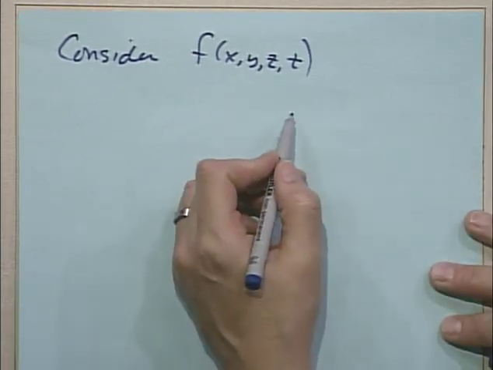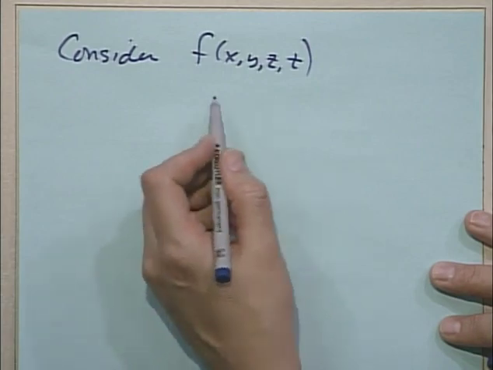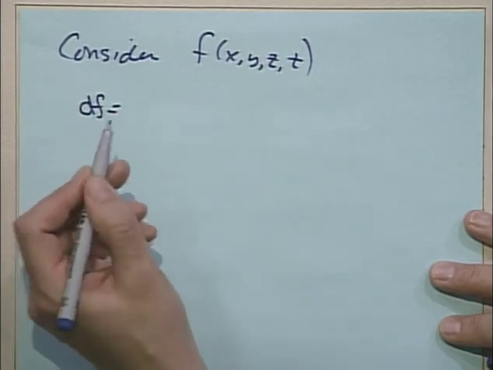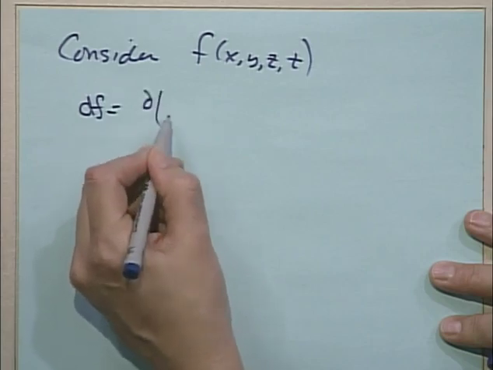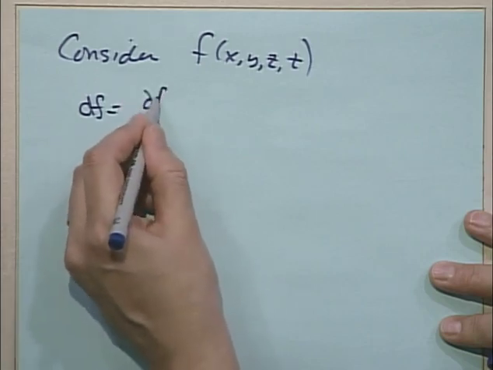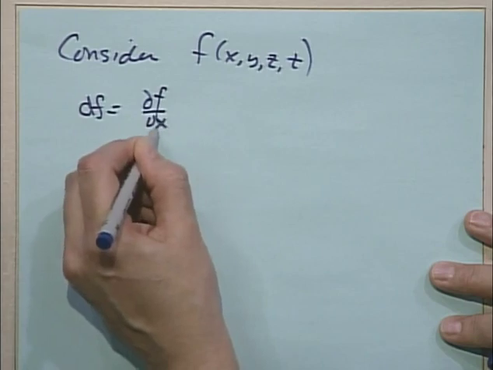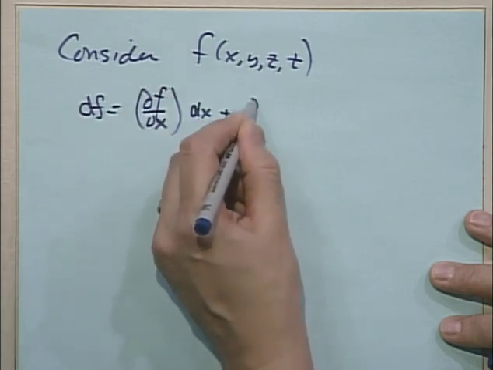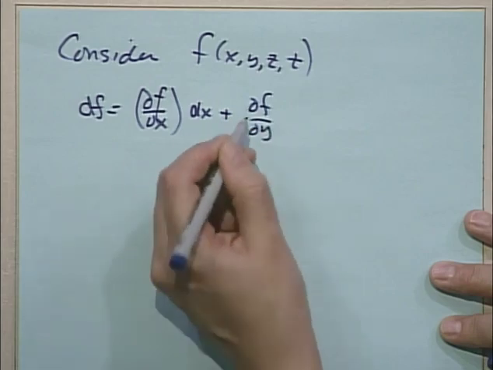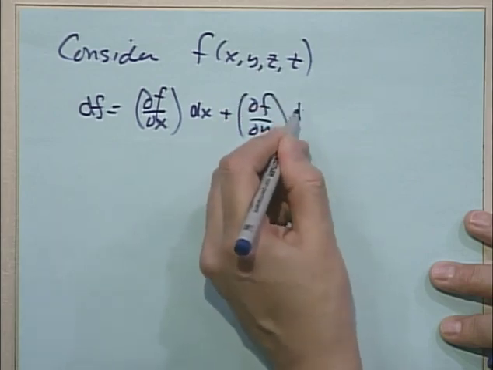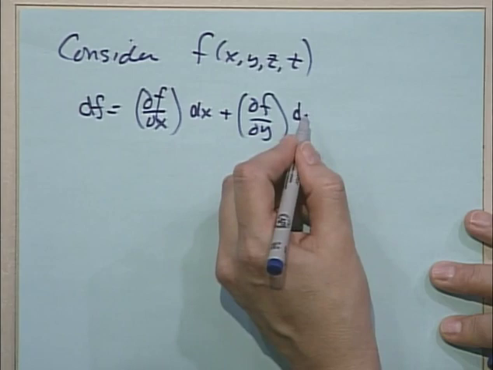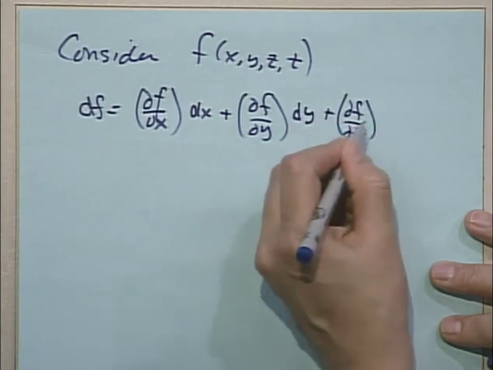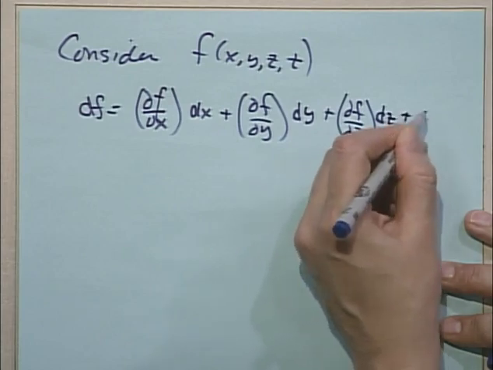Now, we know from just the chain rule that we can write the differential df as the sum of the various partial derivatives, df, dx, with the other variables constant dx, plus df, dy, all other variables constant dy, plus df, dz, all other variables constant dz, plus df dt.